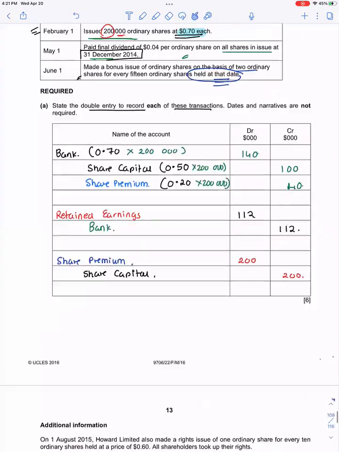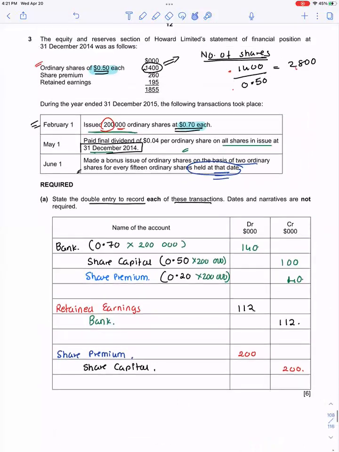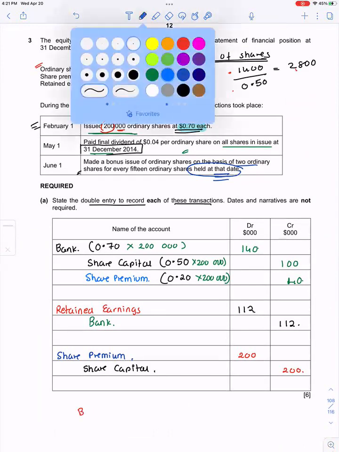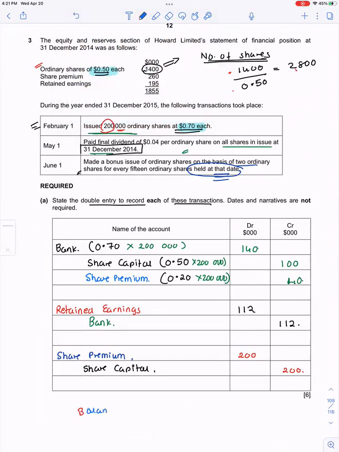Come on. What was my balance of share premium? 260. Balance at start, balance at 31st of December 2014, or I can say 1st Jan.